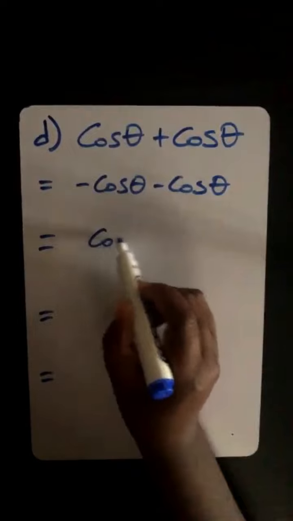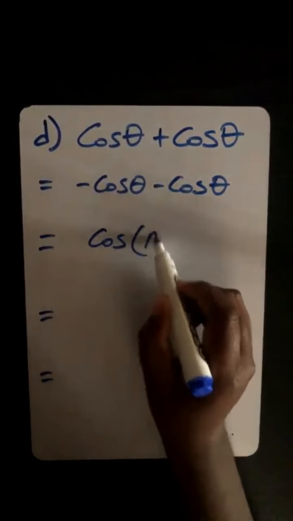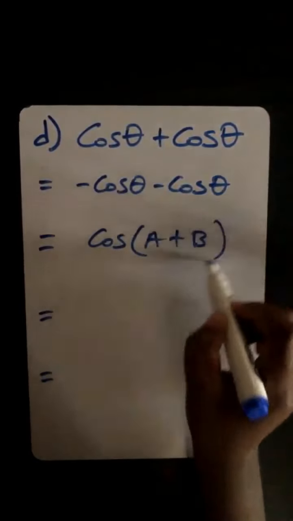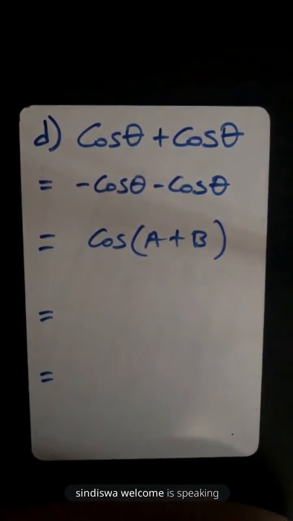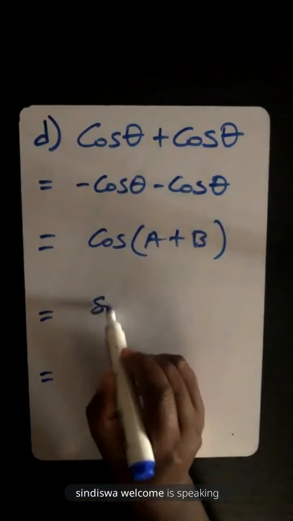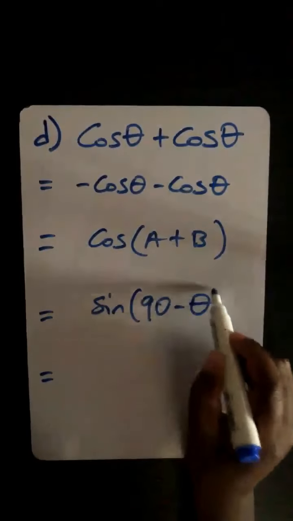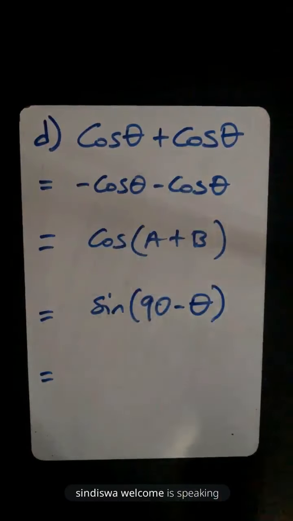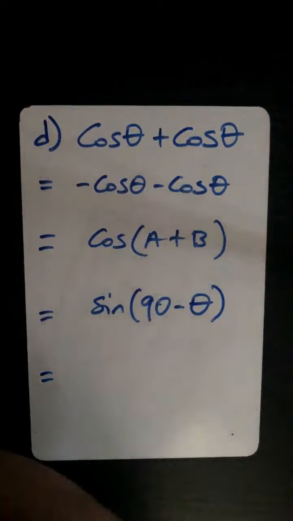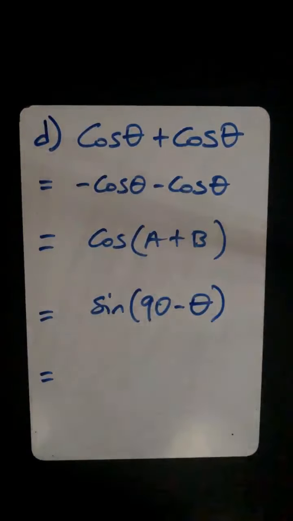Sir, I'm not sure, but is it like cos open brackets a plus b, something like that? Okay. Someone, the last one to give it a try. Sir, I think we're going to say sine open bracket 90 minus theta. Okay.